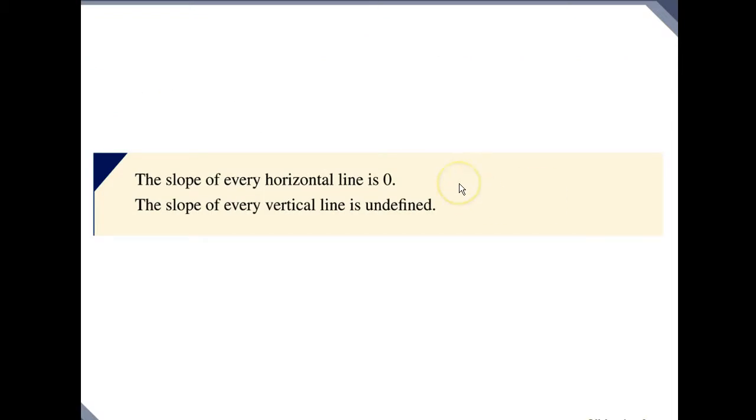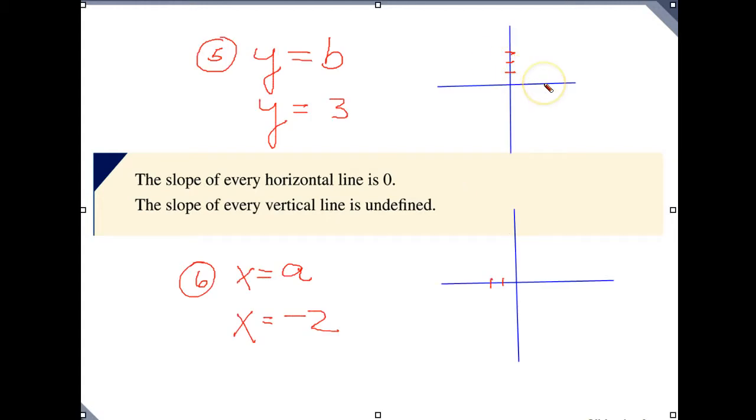Okay, a couple of special things, and I'll set this up. Now, earlier we had mentioned a special formula, calling it number 5, y equals b. Now, we had said that b was the y-intercept, and they're giving us the equation then to graph y equals 3, let's say.